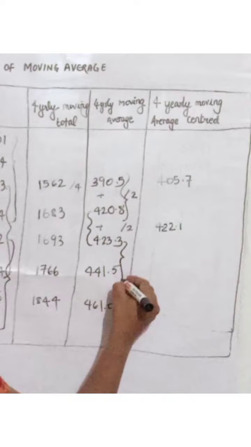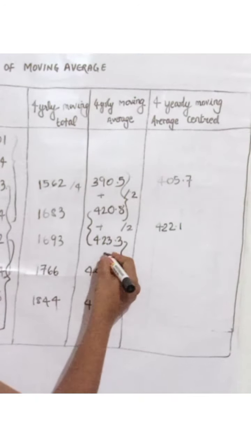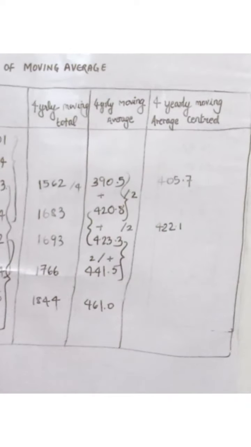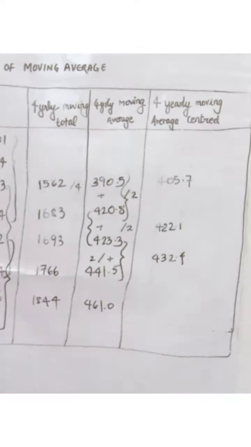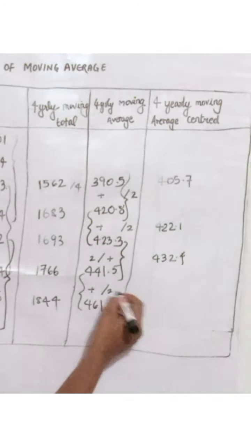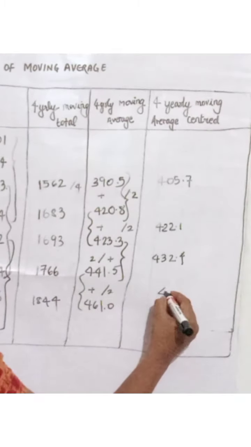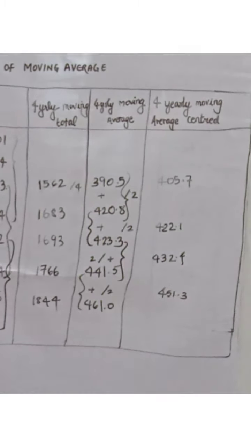Again from here these two we will add and divide by 2. We get 432.4. These both we are adding and dividing with 2. We get 451.3. So this is how we are going to find the moving average centered.